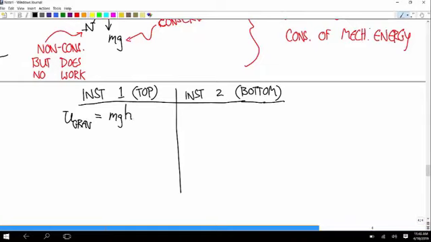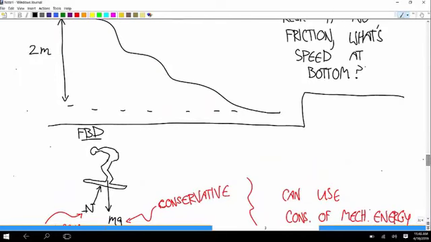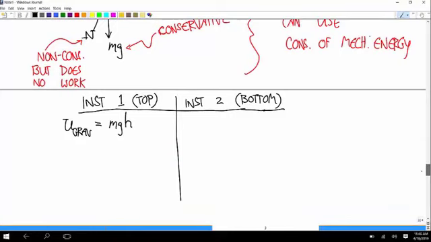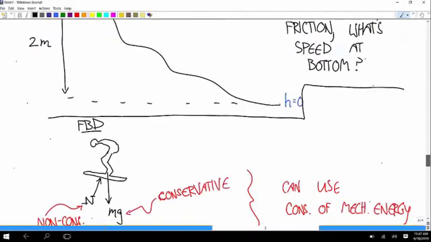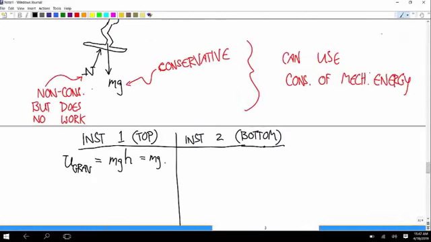In order to come up with h, we have to choose that arbitrary zero height, which you can choose wherever you want, but most people would choose the bottom of the hill. You get the same answer no matter where you choose it in the end. And so that's mg times the height, which is 2.